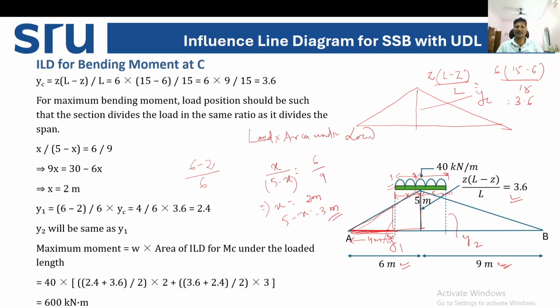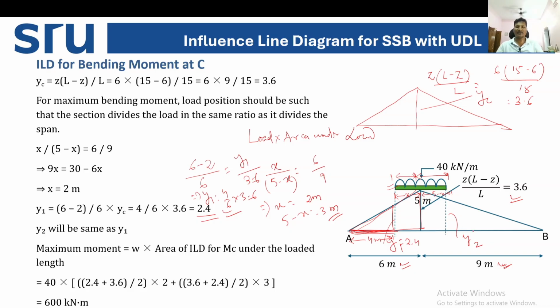The smaller triangle length divided by the bigger triangle length is equal to Y1 divided by the maximum ordinate, that is 3.6. So from here Y1 is equal to 4 by 6 into 3.6, so we are getting 2.4.